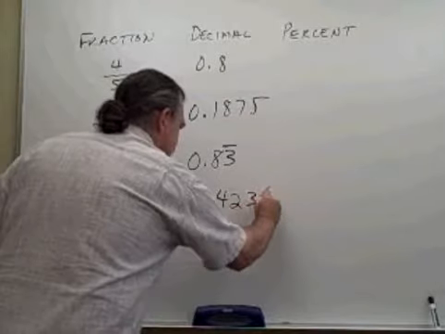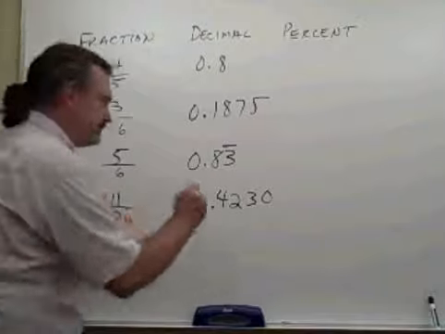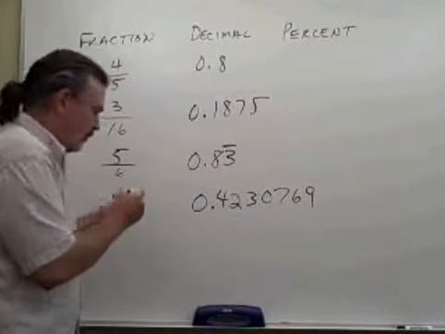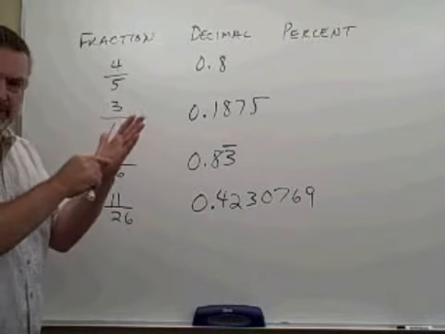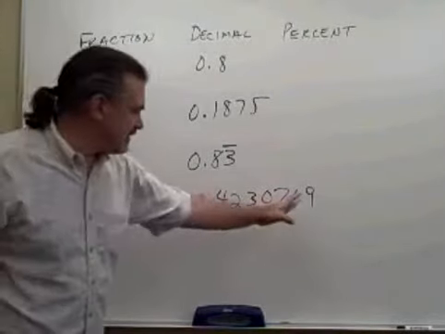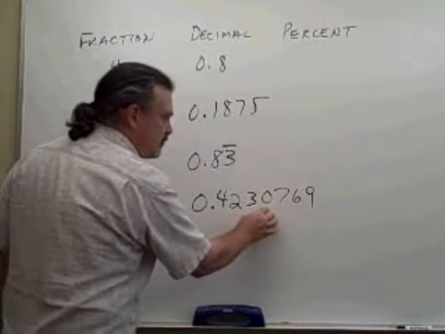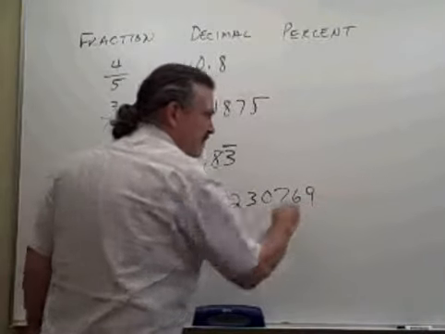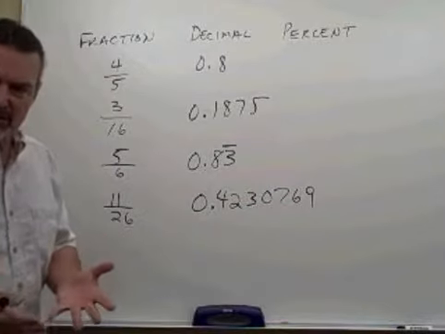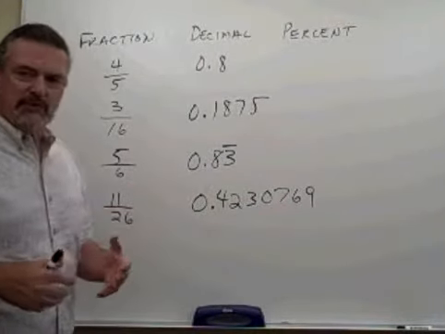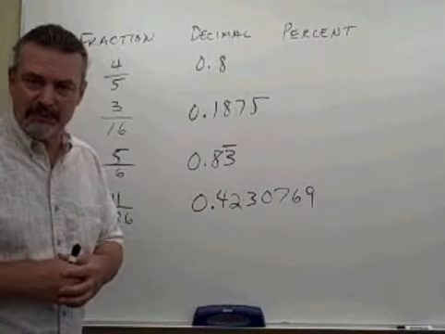If we convert the fraction 11/26 to its equivalent as a decimal, when we would put in 11, hit your divide sign, put in 26, hit the equal sign, you would get a display that started like this, and then the 2, 3, 0, 7, 6, 9 would repeat again. Well, we don't want to put the bar over all those digits and show that that's repeating. So typically what we do is we round that decimal equivalent to some particular decimal place.